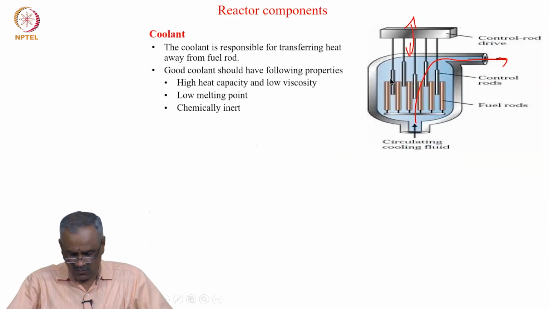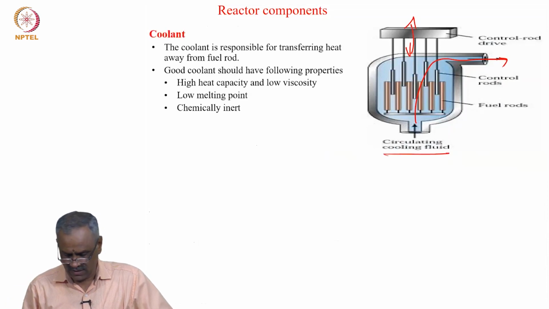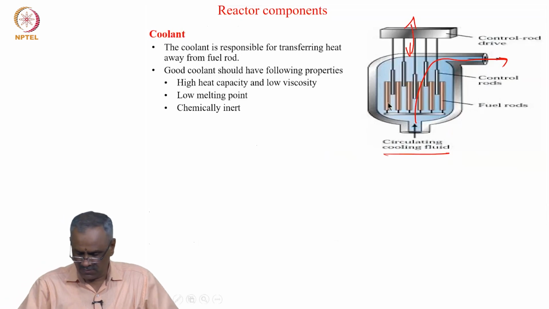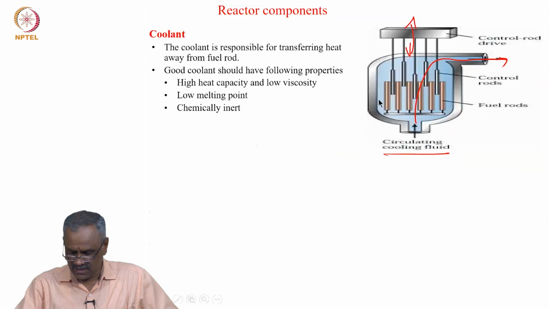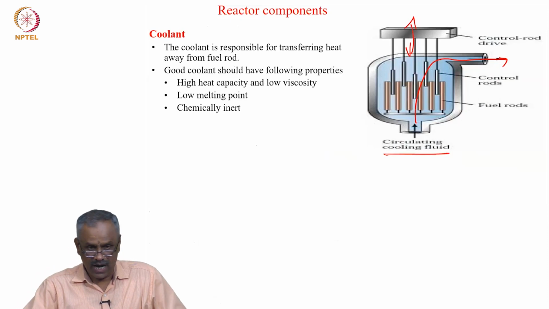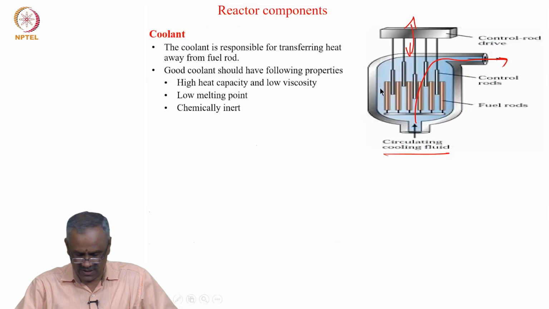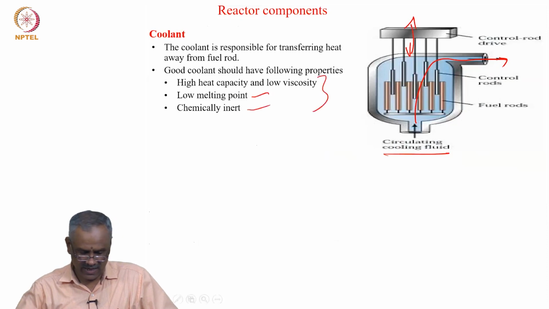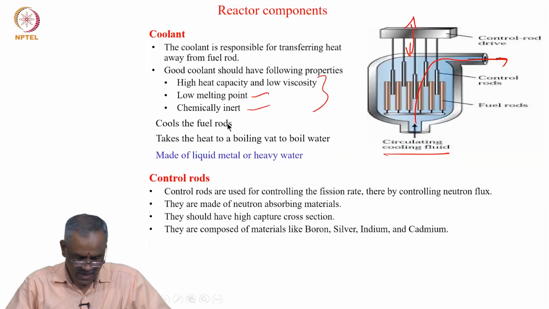So here the coolant is an important fluid, and the coolant is mainly responsible for transferring heat from the fuel rods. It should have some desirable characteristics: high heat capacity and low viscosity, because pumping power should be minimum, and low melting point, and then chemically inert. These are the desirable characteristics of a coolant.